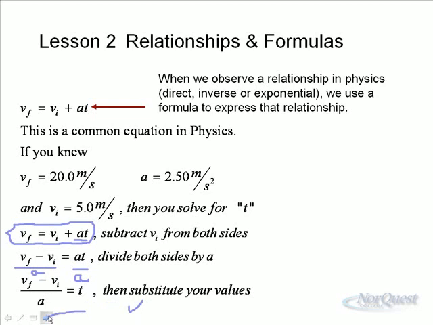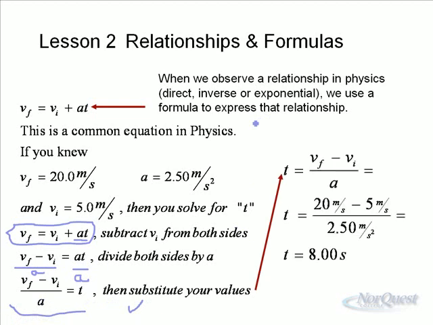Now once we have the result, then what we can do is take our values and plug them in, or they call it substitution. And so by substitution, since t is equal to VF minus VI over a, t is equal to 20 minus 5, final minus initial, divided by the acceleration that was taking place at that time, and we find that the time of acceleration is 8.00 seconds.